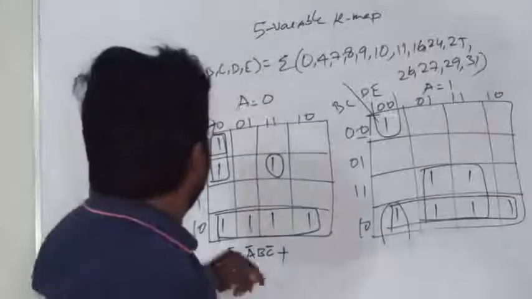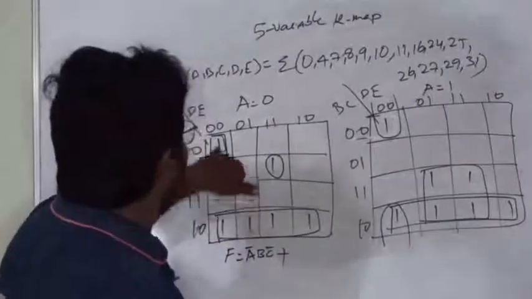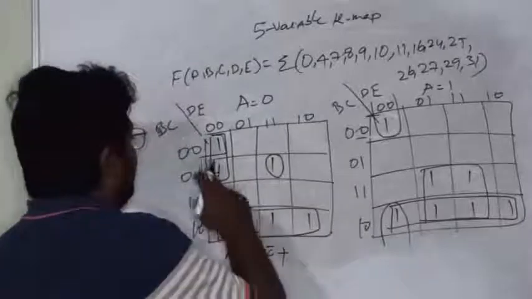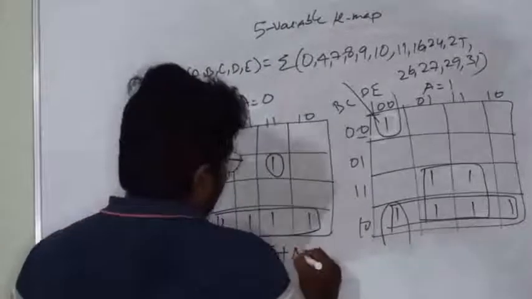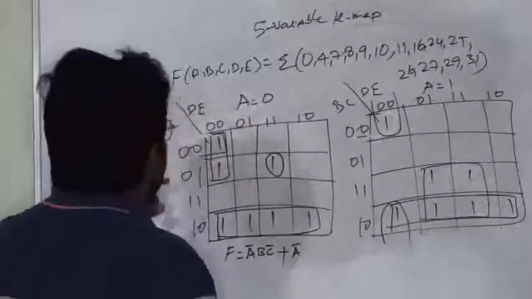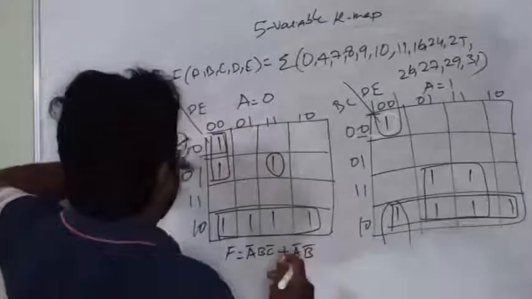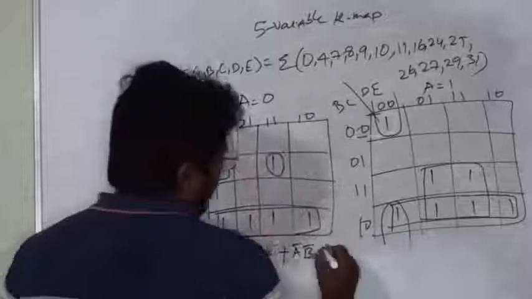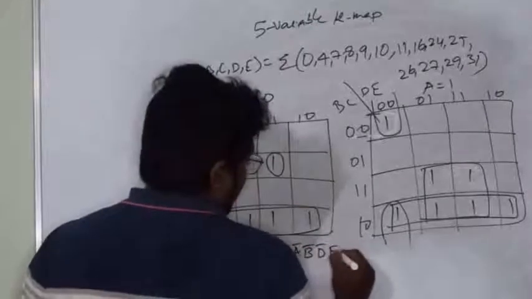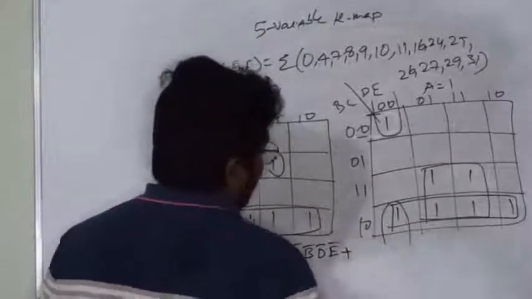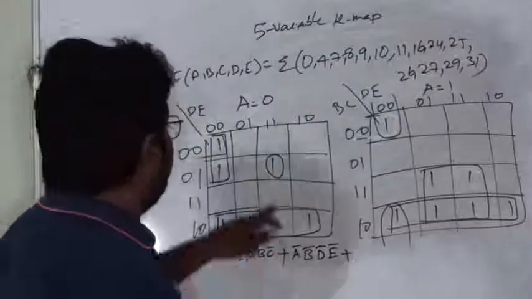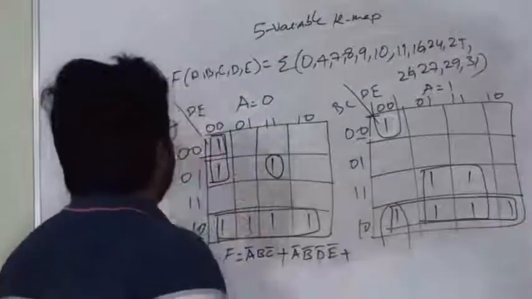Plus next one, take this pair. For this pair, A is 0 and B value is not varying and C value is varying, and D and E values are not varying. So D complement plus E complement.